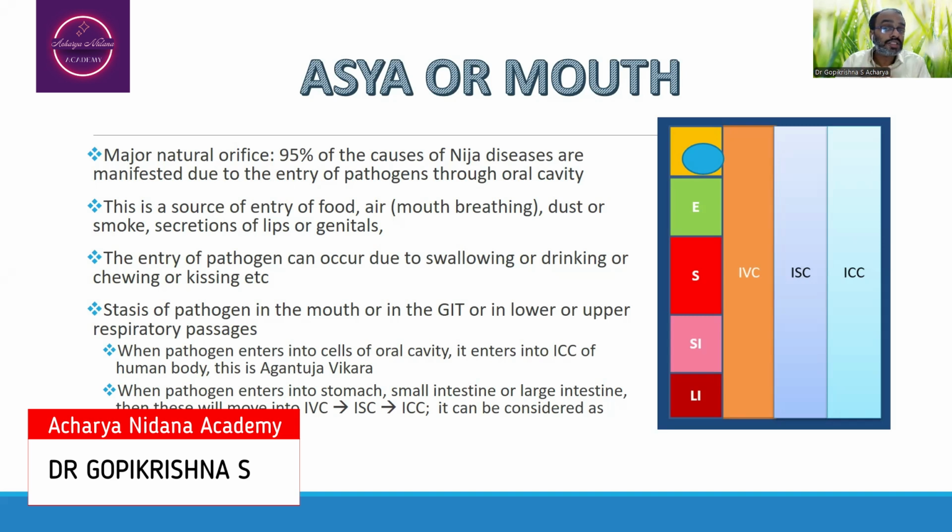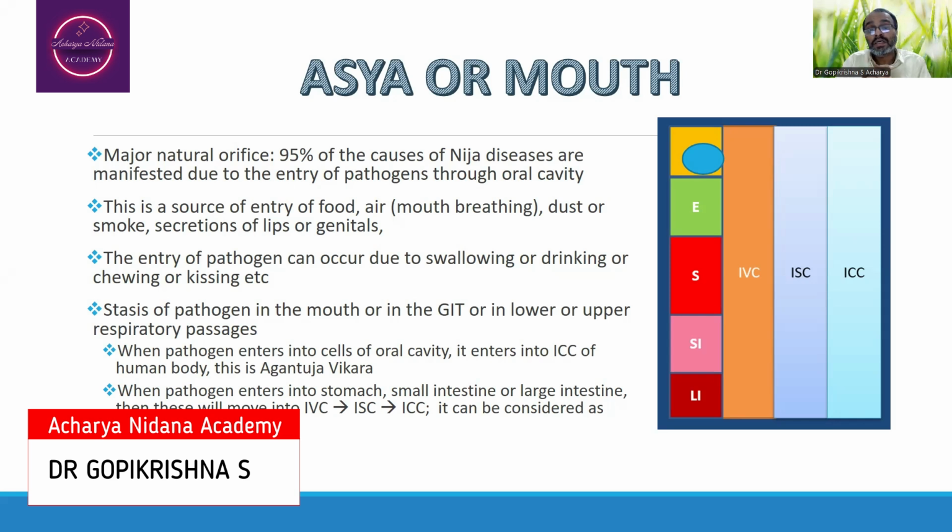When the pathogens are moving from the mouth into the stomach via the esophagus, the conversion of macromolecules into intermediate molecules will happen. That means where the digestifier or Agni is located, or where the hydrochloric acid and other digestive juices are located.